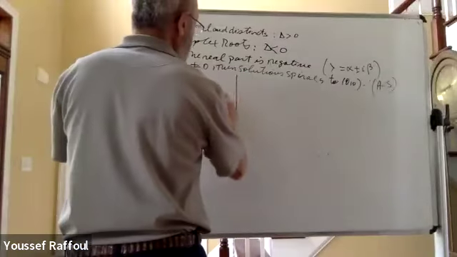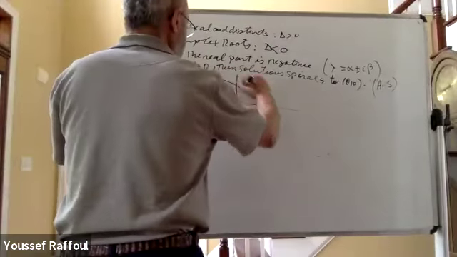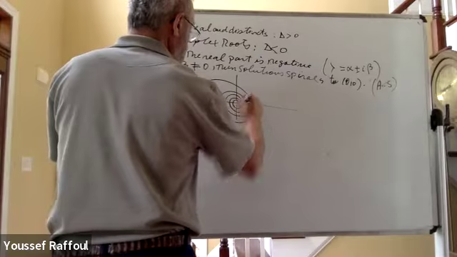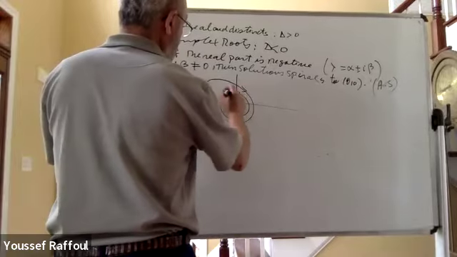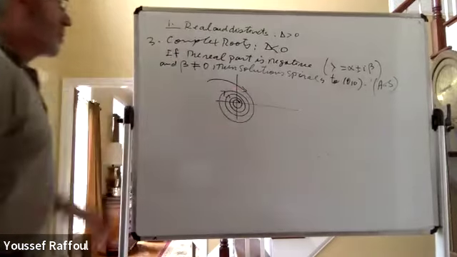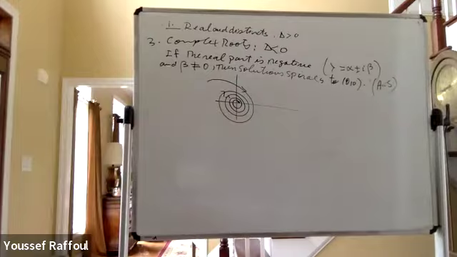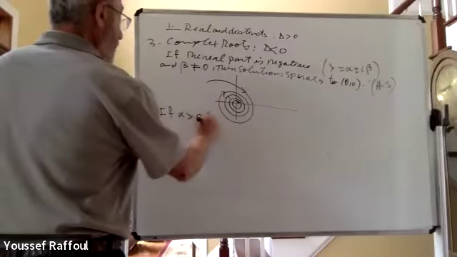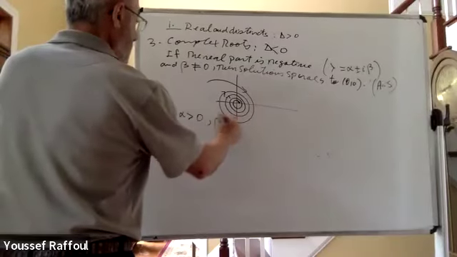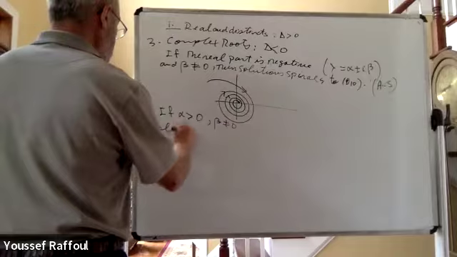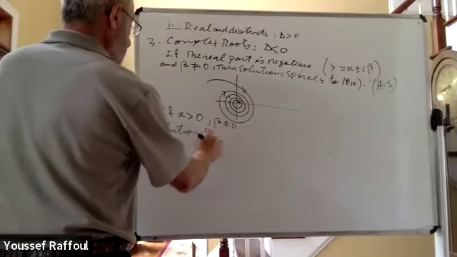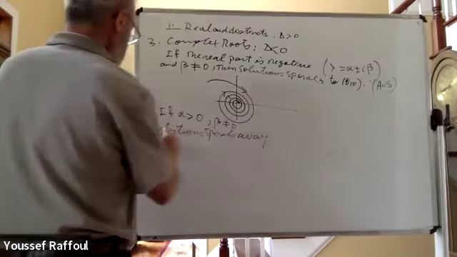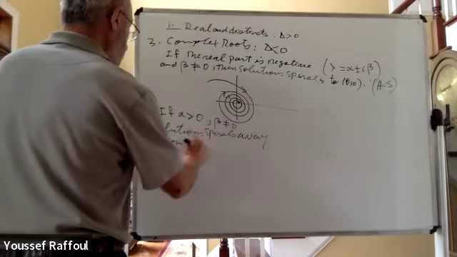So you will have your solution like this. You see? They will go toward the origin. Now, if alpha is positive and beta not 0, solutions spiral away from 0, 0.